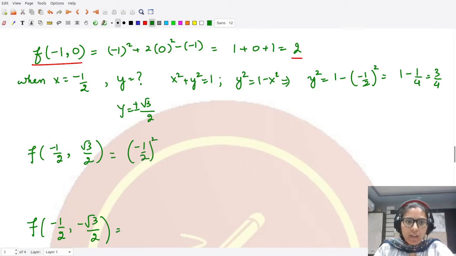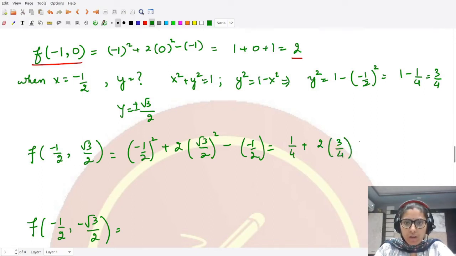If we have x square plus 2 into y square minus of x, right? So it is 1 by 4 plus 2 times 3 by 4, and plus 1 by 2. So when you solve this thing, what is the value here? Finally it is 9 by 4, right?